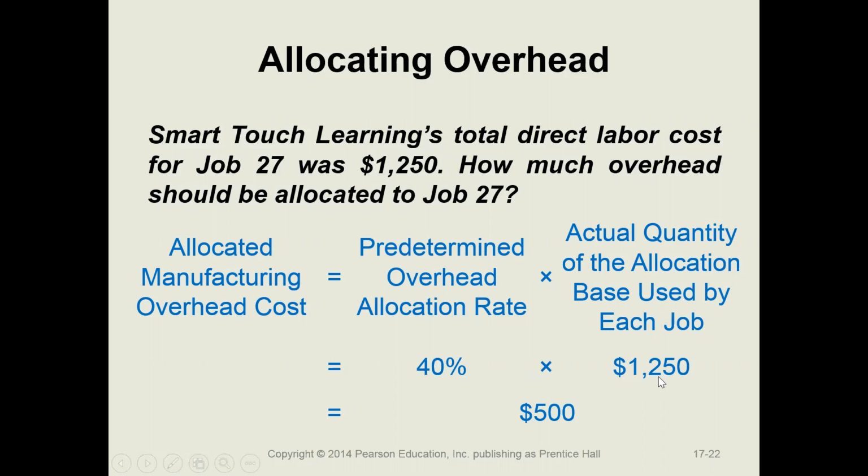So 40% of that $1,250 worth of labor is $500. So that's how much overhead we're going to be allocating to job 27. That's how we allocate the overhead once we get the predetermined overhead allocation rate.